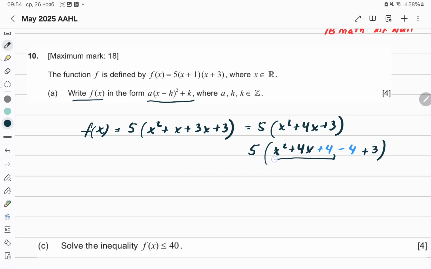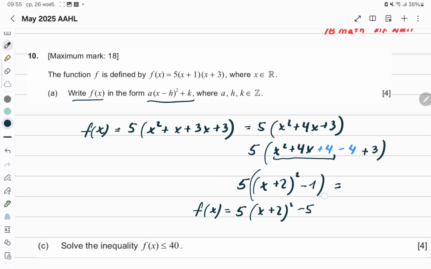So now these three terms give us the trinomial (x plus 2) squared, it's a formula, right? Minus 1. Now after opening the brackets, we will have 5(x plus 2) squared minus 5. So f of x is equal to this expression.